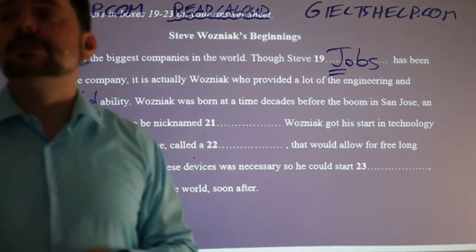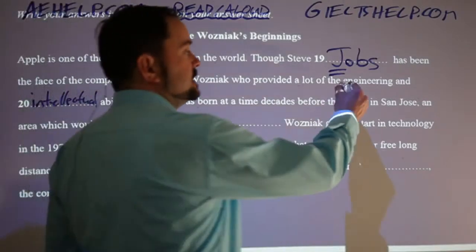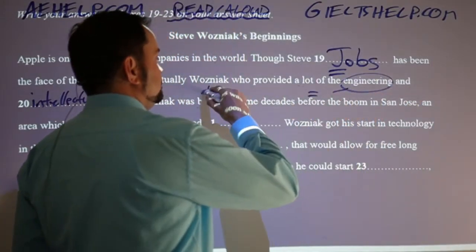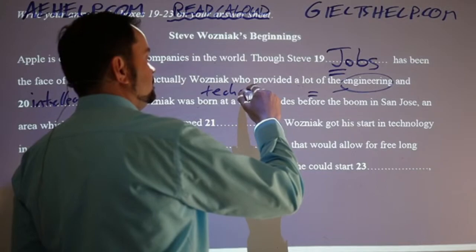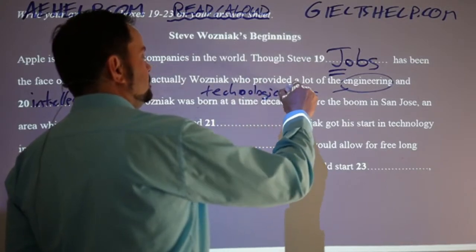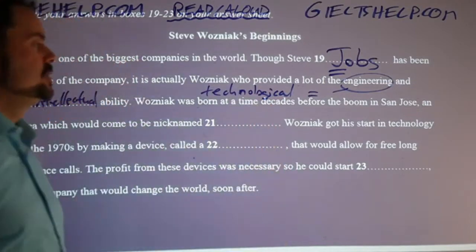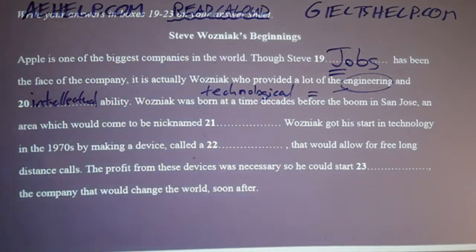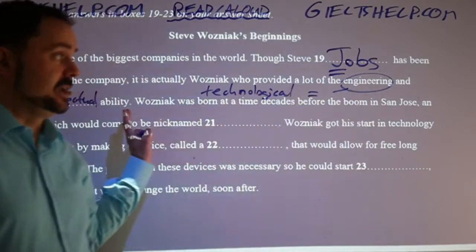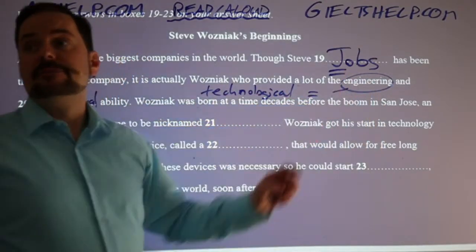Yeah, very good, Jyoti. Exactly. So this means technological. Okay, so that's technological. Engineering. So if you write technological, then basically you're just repeating the same. So be really careful with paraphrasing.